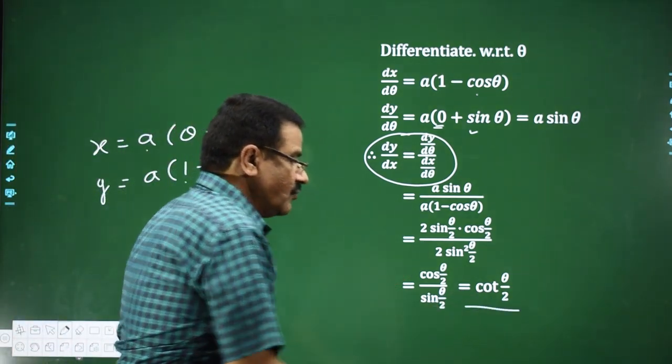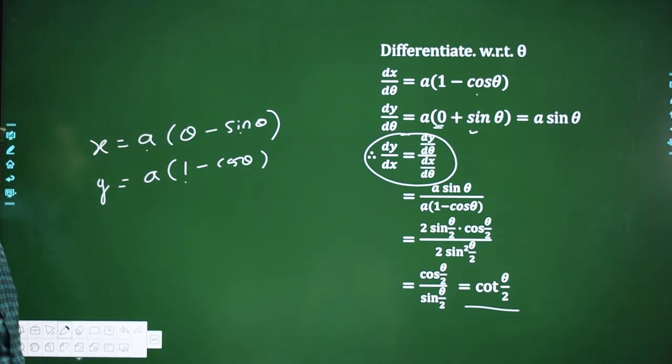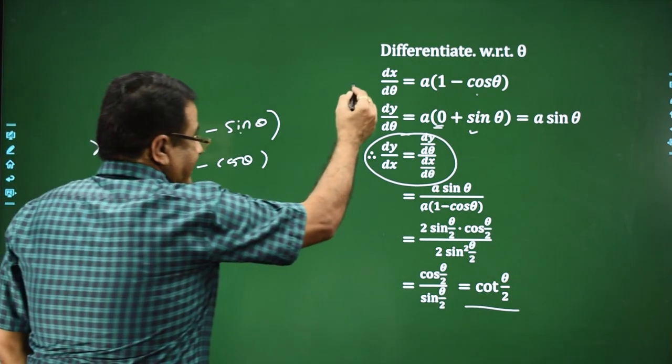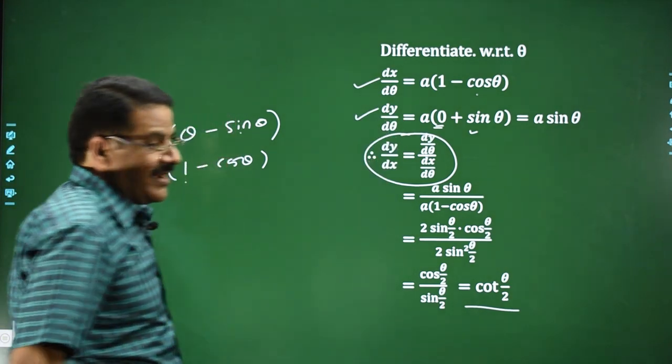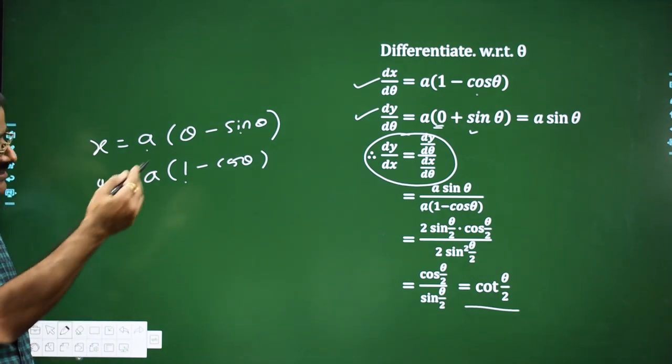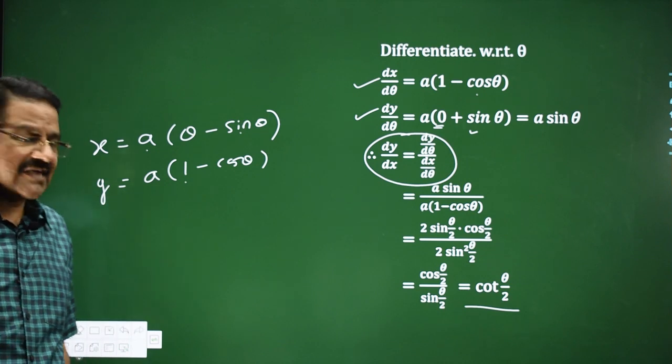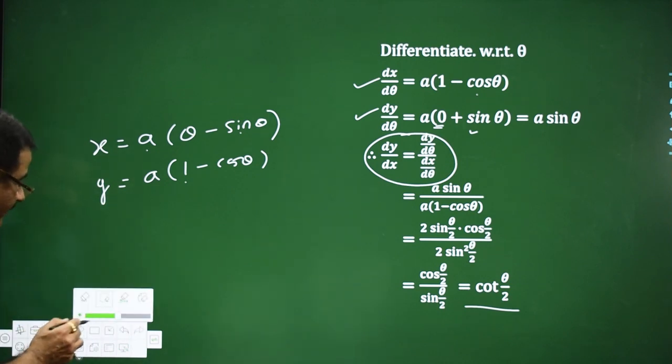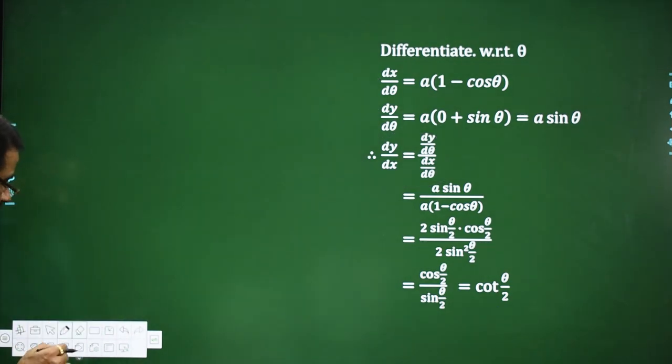Simplifying further, we get the final answer as cot of theta by 2. So, remember, for parametric equations we need to find dx by d theta and dy by d theta. If theta is a parameter, the parameter may be anything. In this example it is theta, in another example it might be t or even any other variable.